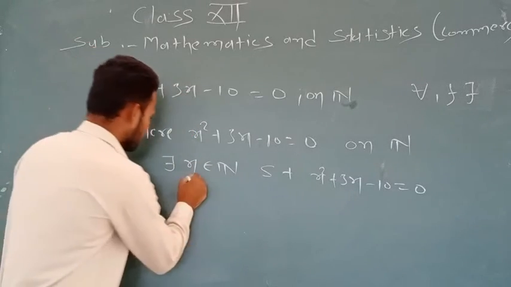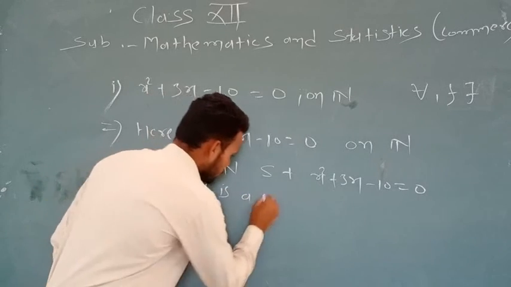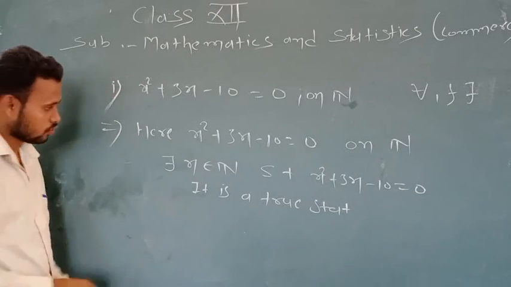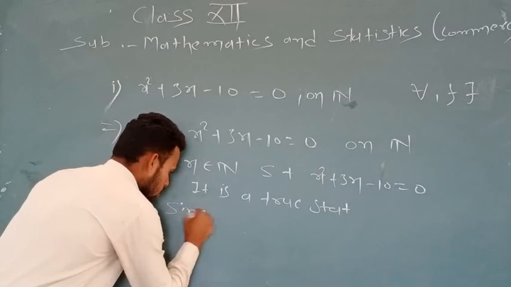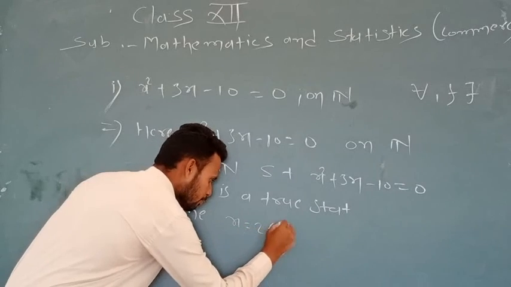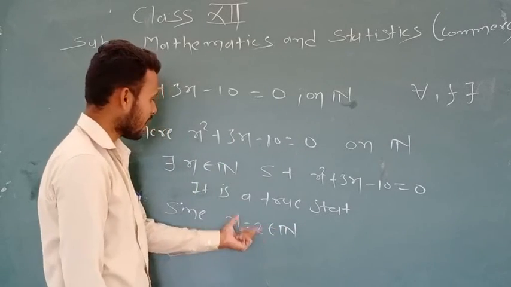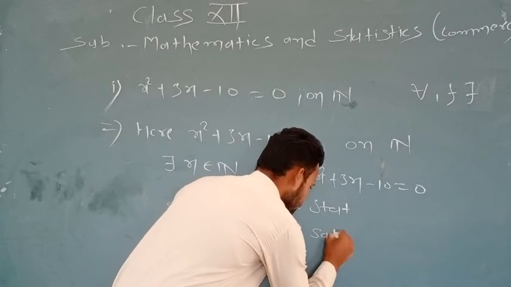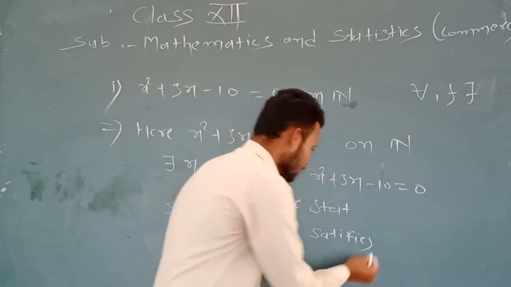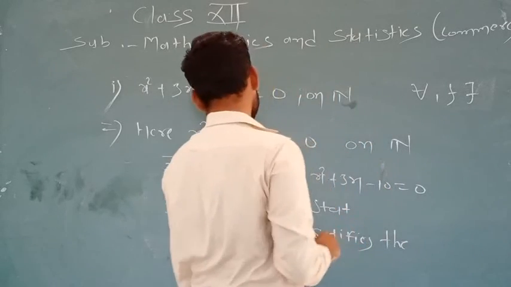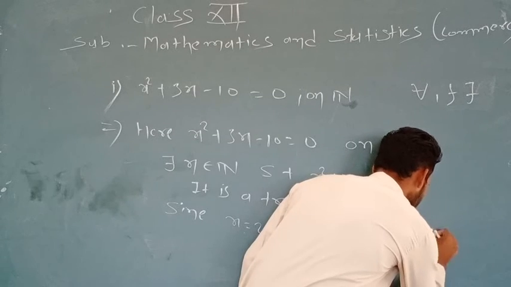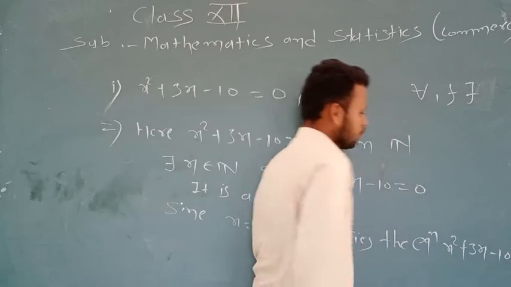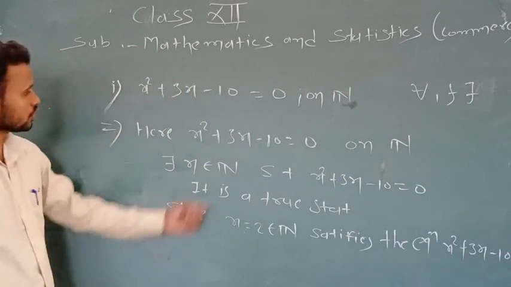It is a true statement. Why true? Reason खाली दो: since x equal to 2, belonging to the natural numbers, satisfies this equation x square plus 3x minus 10 is equal to 0. Which is the required answer of that question.